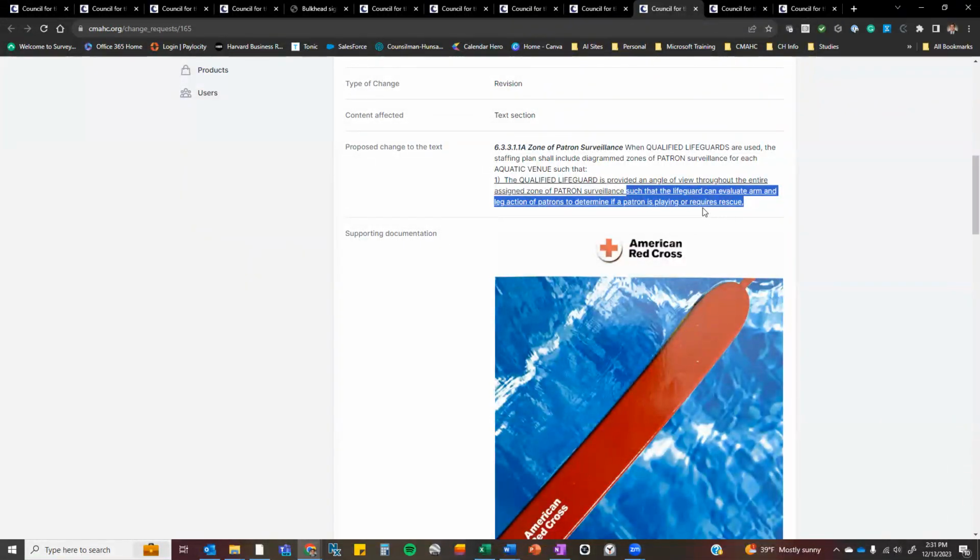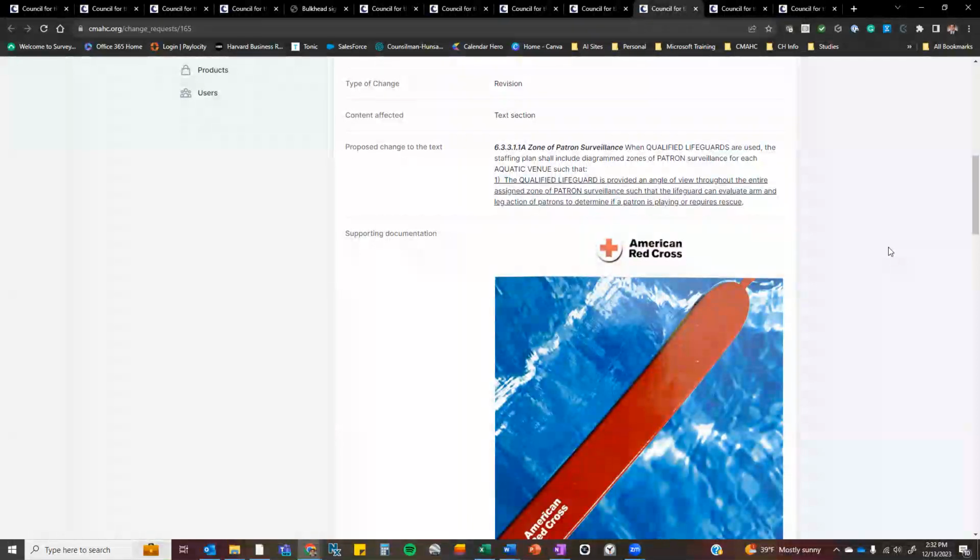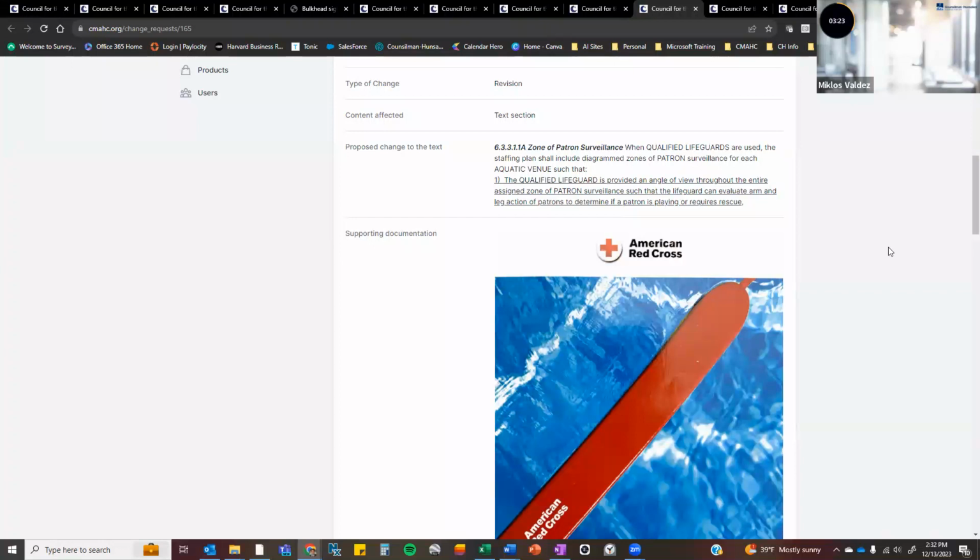It also talks about the angle of view. Yeah, I think the angle of view is covered when we say capable of viewing the entire area. I agree with you. If anything, maybe that language can be improved upon, but I think that's the intention, right? Yeah.